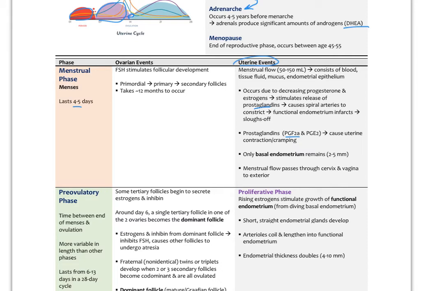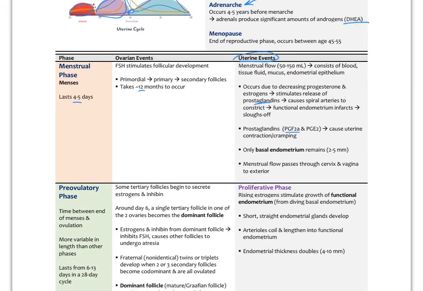If you look at the ovary, the FSH, which is at a fairly low level, is going to start to rise during menses itself, and it helps with follicular development, especially the secondary and tertiary stages. This process takes 12 to 13 months to undergo complete development of a primary follicle into the tertiary or Graafian follicle. Okay, so that's the menstrual phase, menses.